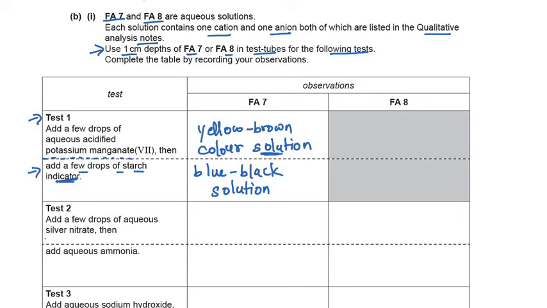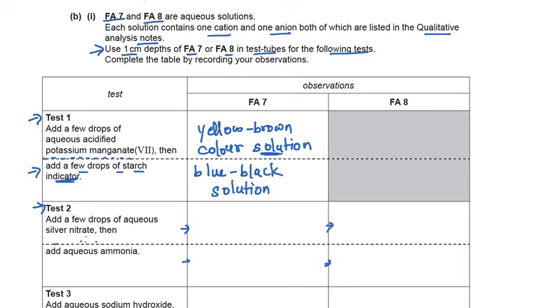Now the next test, test 2, with Fa7 and Fa8. Here we are supposed to write observations for both Fa7 and Fa8, and here also we can see dotted lines between two of the tests. So test 2 is divided into two parts, which we have to perform together but turn by turn.